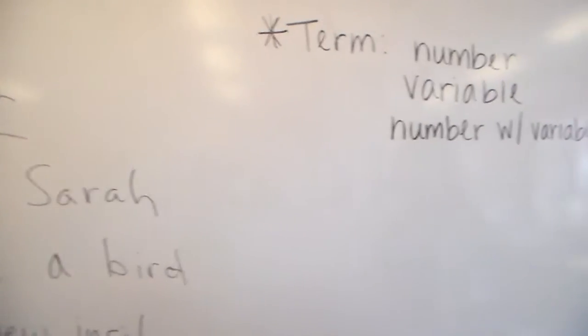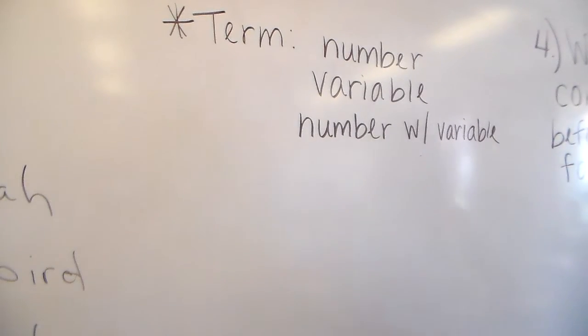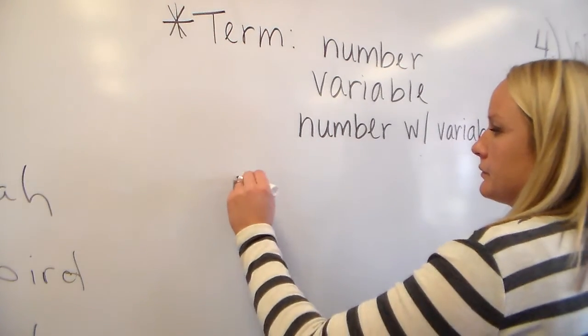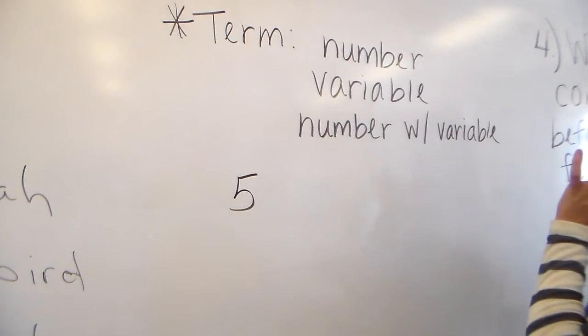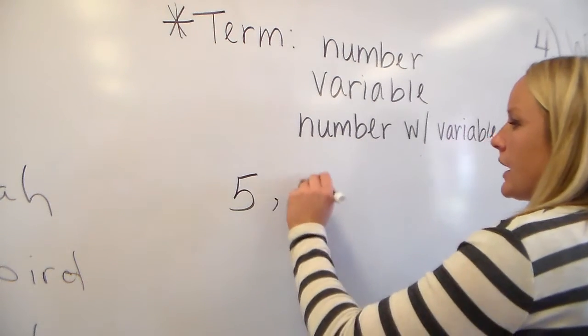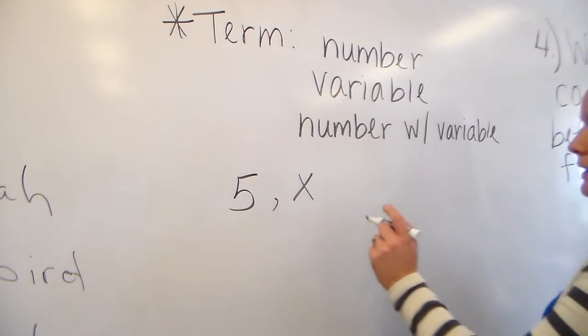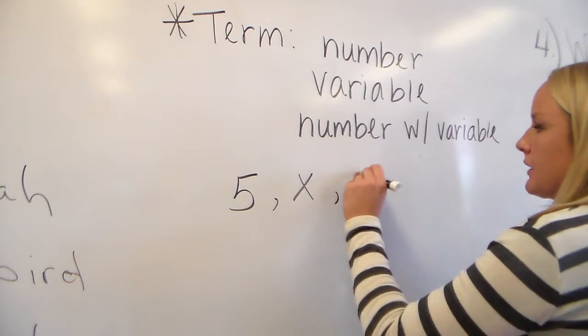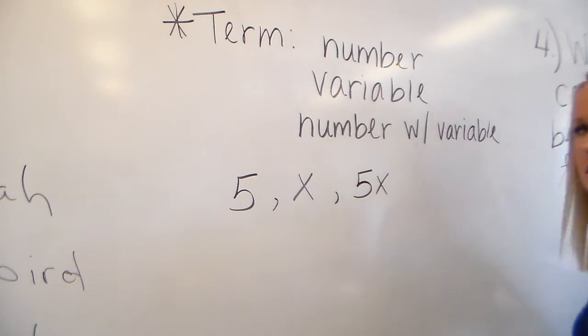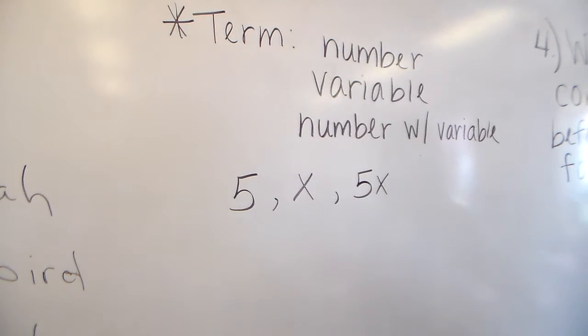So some examples are 5. 5 could be a term by itself. The letter X could be a term all by itself. Or I could have something like 5x that is a term all its own.